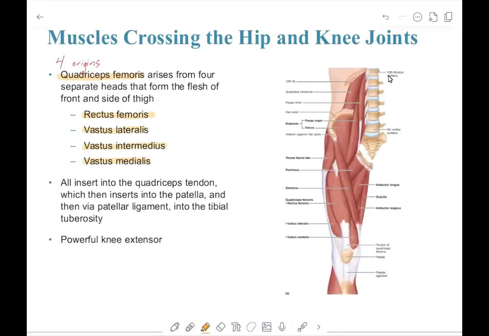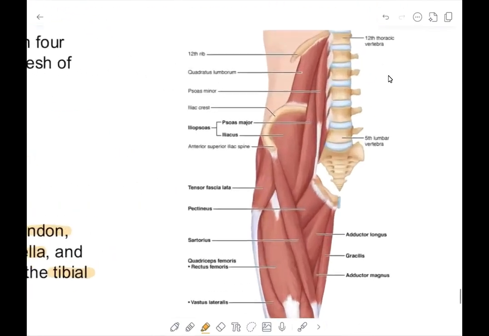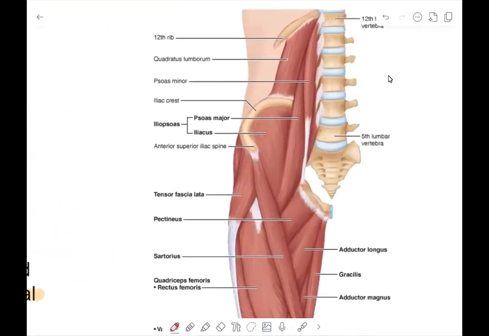It's a powerful knee extender, and it inserts into the quadricep tendon, which inserts into the patella via the patellar ligament into the tibial tuberosity. And the tibial tuberosity is where the tibialis anterior is located, which we'll learn about coming up.